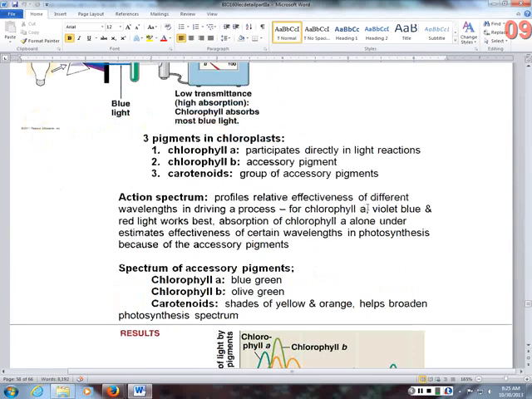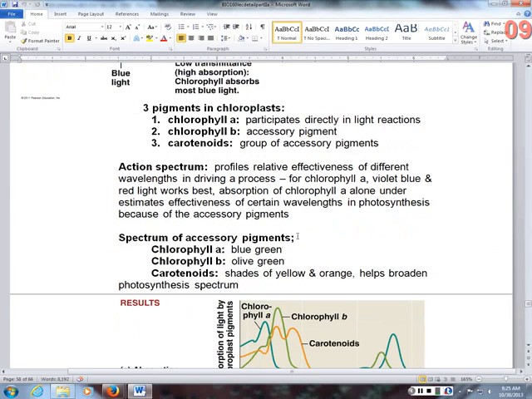In plants, we have three pigments in the chloroplasts. We have chlorophyll A that's going to participate directly in the light reactions. Chlorophyll B is an accessory pigment. And then you've got the carotenoids that are a group of accessory pigments. And when we look at the action spectrum, chlorophyll A is going to be kind of a violet.